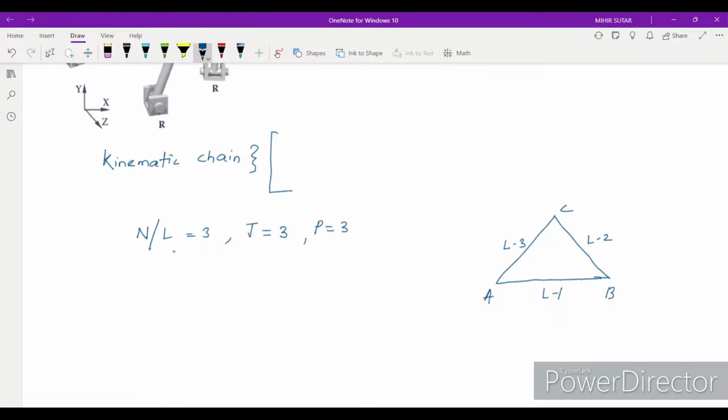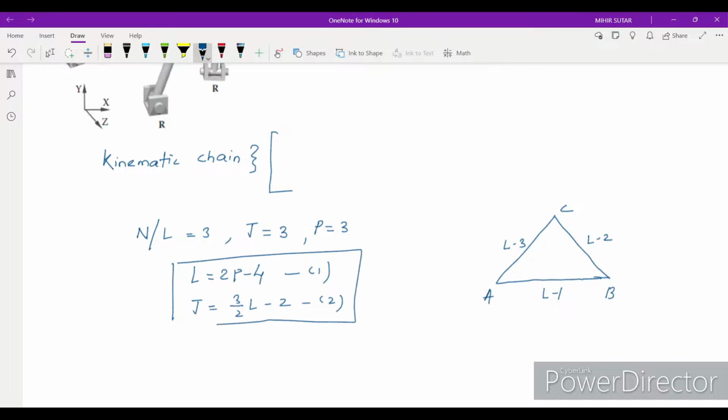For deciding whether it is a kinematic chain or not, we follow this simple equation: L is equal to 2P minus 4, equation 1, and equation 2 is the number of joints J is equal to 3 by 2 L minus 2. So these two equations are to be followed.